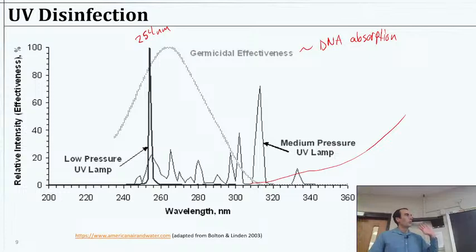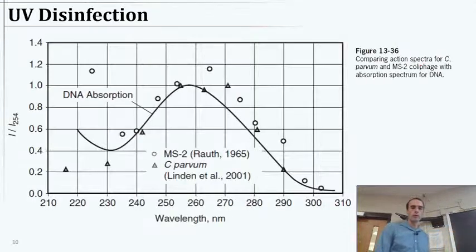So all sorts of reactions can happen when light is absorbed, but sometimes there's no real reaction. It's just that light was absorbed. So that's kind of the picture of where DNA is absorbing in terms of the color.